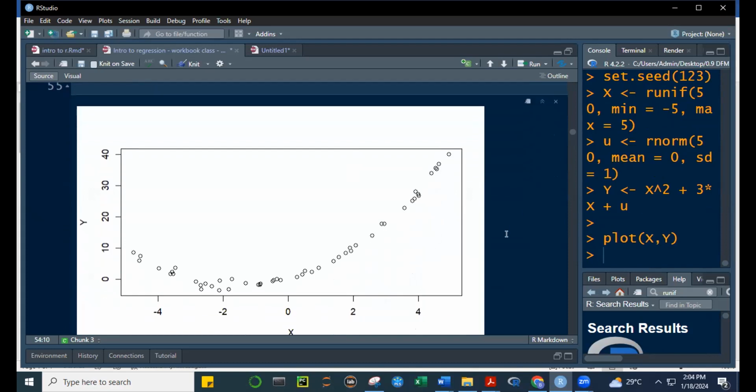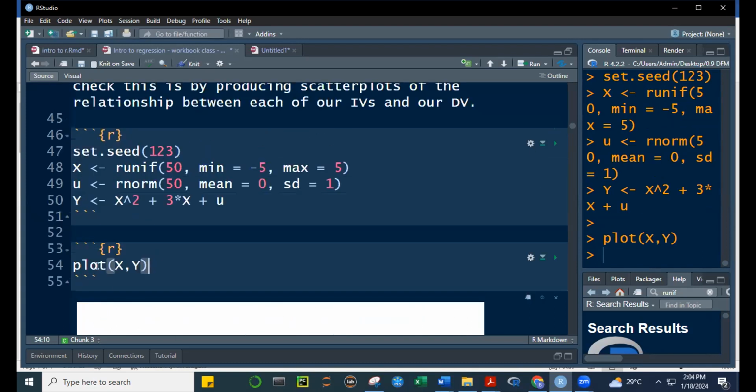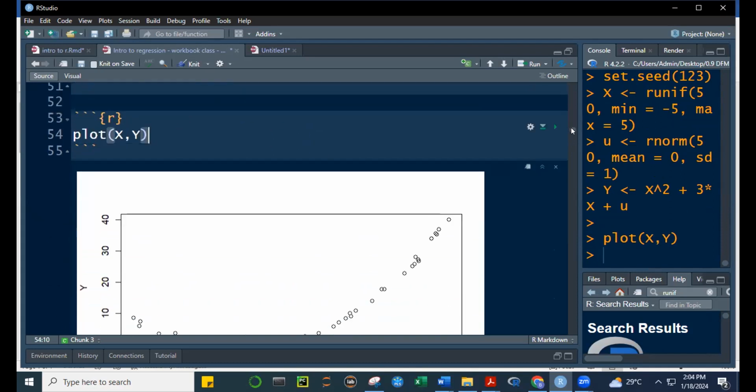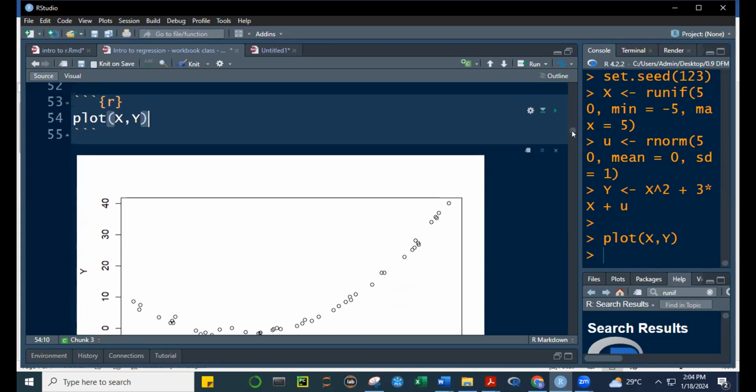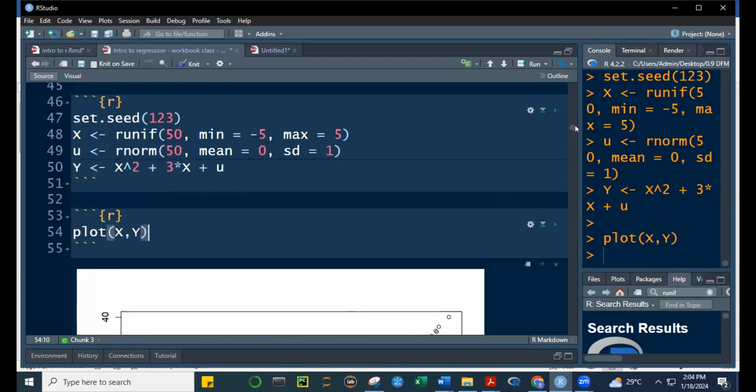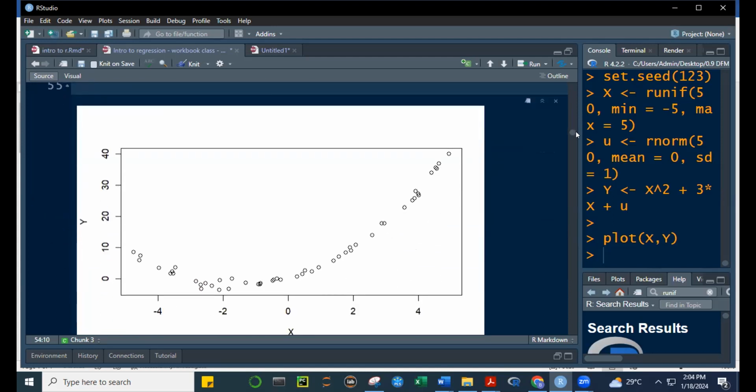What do you notice about the plot of x and y, class? Linear ba siya? Paki-comment please. I hope you got this. Pinlot ko lang, class, x and your y. Do they display a linear relationship?